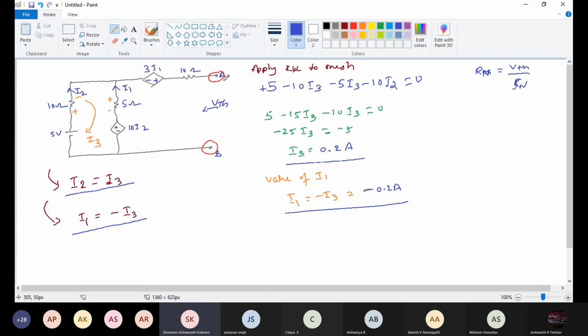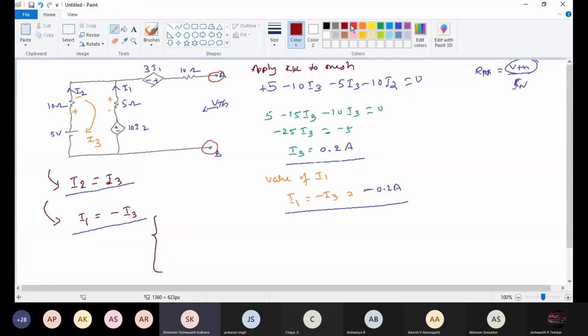For that, write the equation for VTH. We need to find this VTH. Now we can see VTH is equal to the equation for VTH.